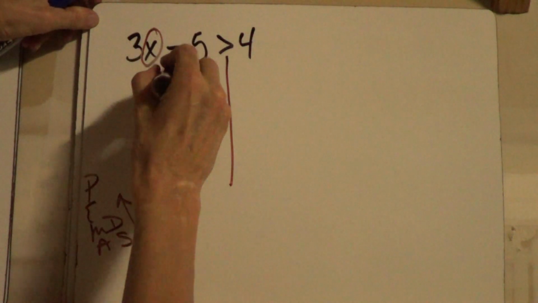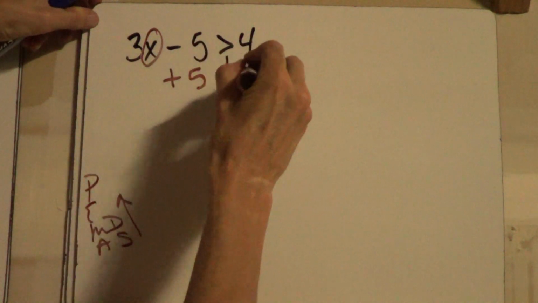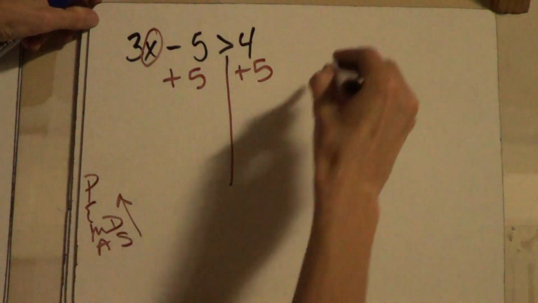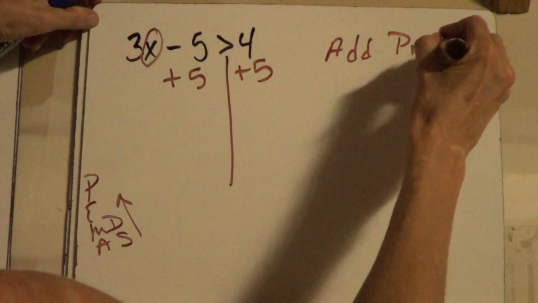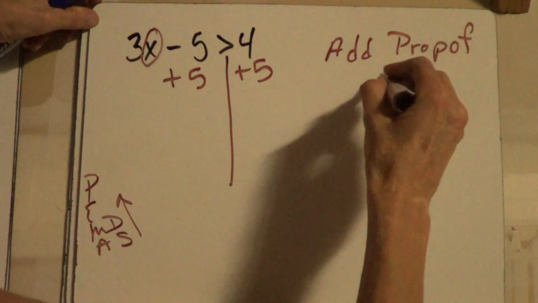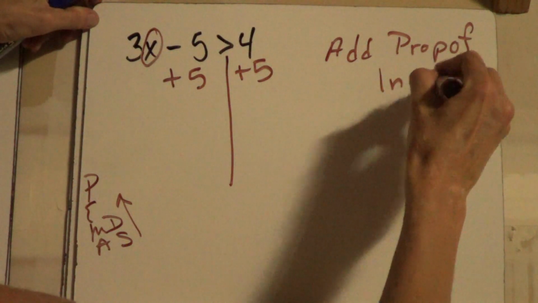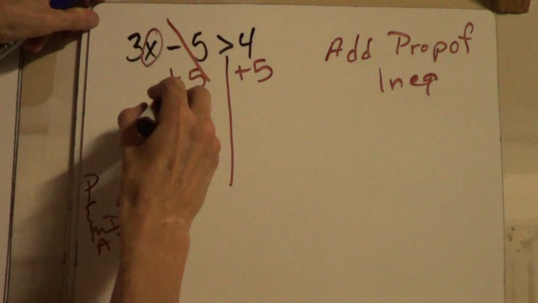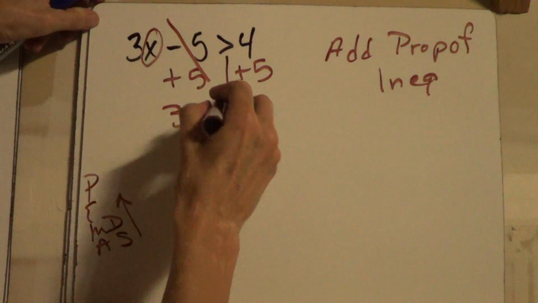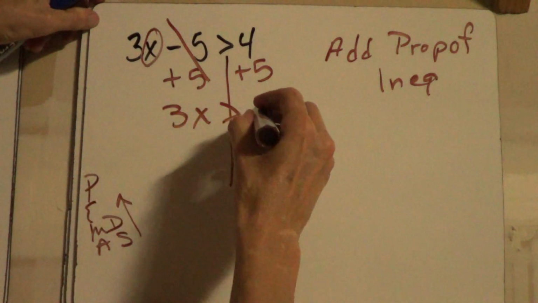Negative 5. So we add 5. What you do on one side, you have to do the other. That would be the addition property of, be careful, this time it's inequality because of the inequality sign. This cancels, we get 3x is greater than 9.